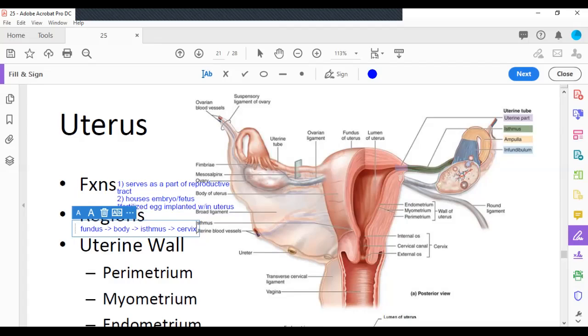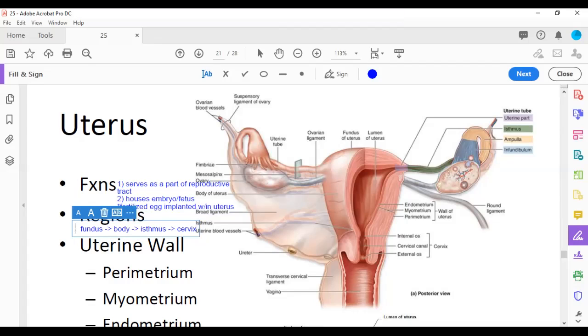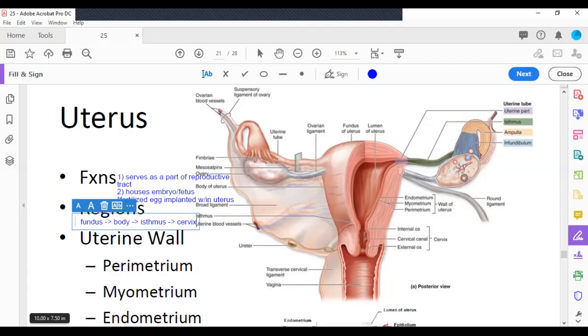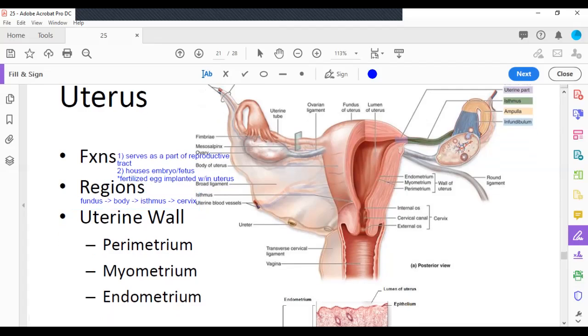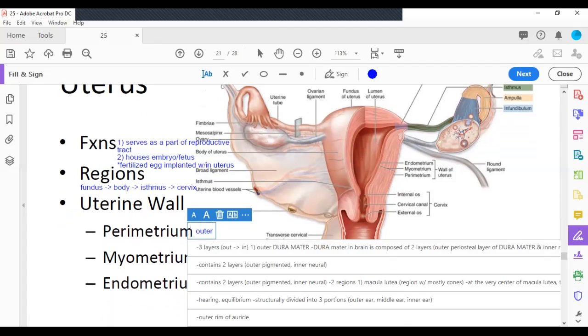Now we're moving on to the wall of the uterus, beginning from the outside, moving to the inside. The wall has three layers, beginning from the perimetrium, which is the outer layer of the wall.